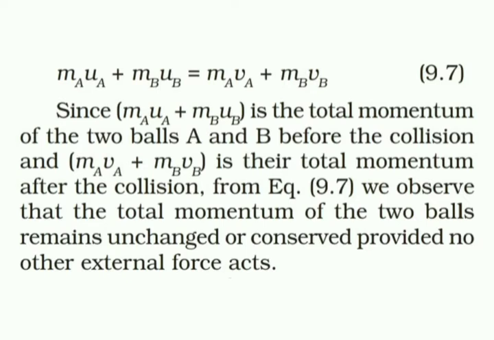Since mA uA plus mB uB is the total momentum of the two balls A and B before the collision, and mA vA plus mB vB is their total momentum after the collision. From equation 9.7, we observe that the total momentum of the two balls remains unchanged, or conserved, provided no other external force acts.